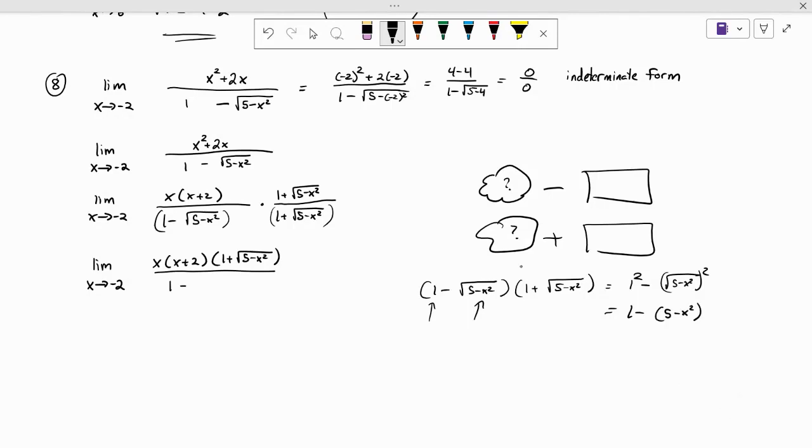But be careful, right? It's minus this whole expression, so you have to use parentheses if you don't want to make a sign mistake. So it's minus, and then parentheses 5 minus x squared. So then you would have to distribute the negative into the parentheses. So you'd actually get x squared minus 4 if you slightly rearrange.